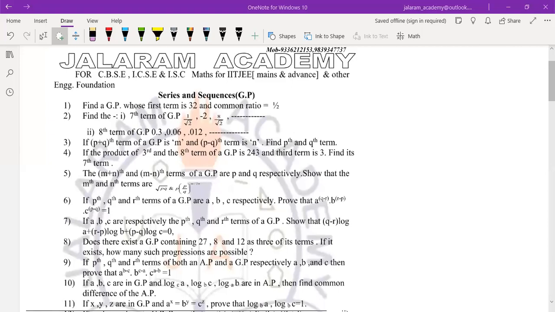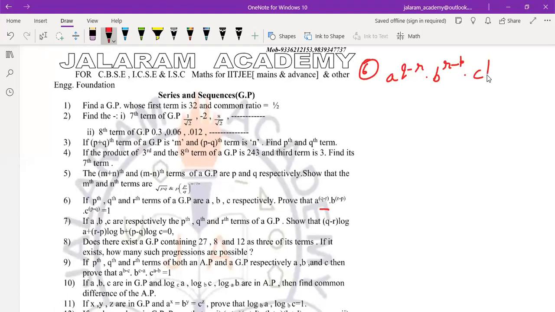Now to prove question 7, we have already proved in question number 6 that a to the power q minus r into b to the power r minus p into c to the power p minus q equals 1 in the previous session.